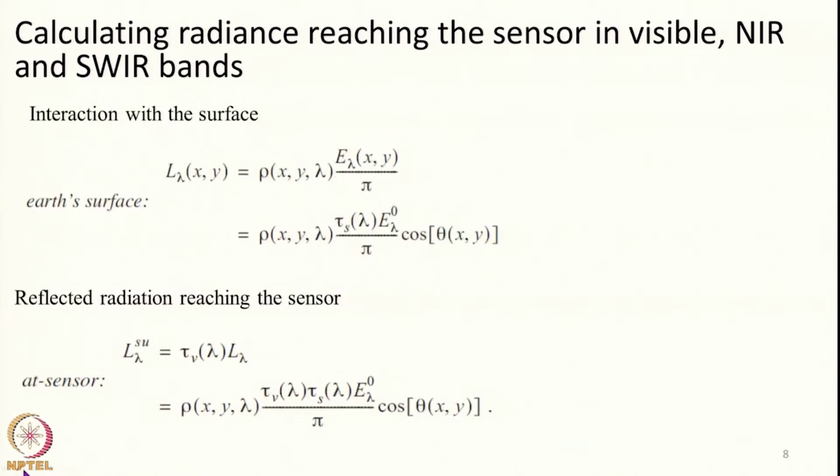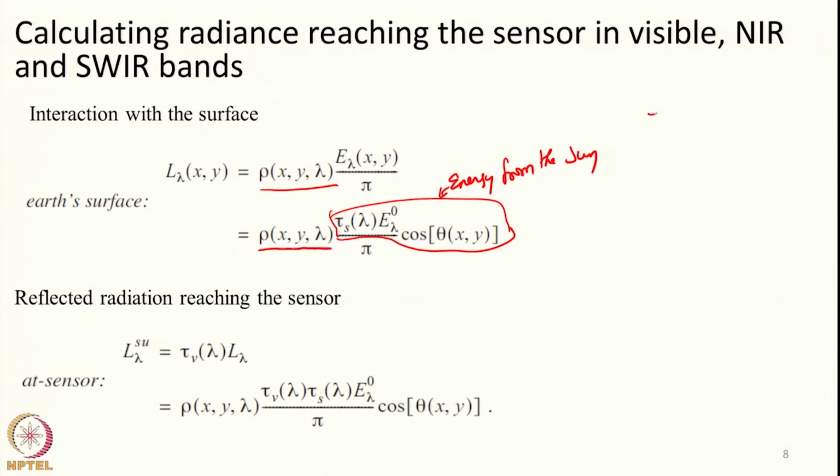Now, after it reaches the earth surface, it will interact. So, this E lambda naught tau term is the energy from the sun, multiplied by the reflectance of the surface, where rho is the reflectance of the surface.